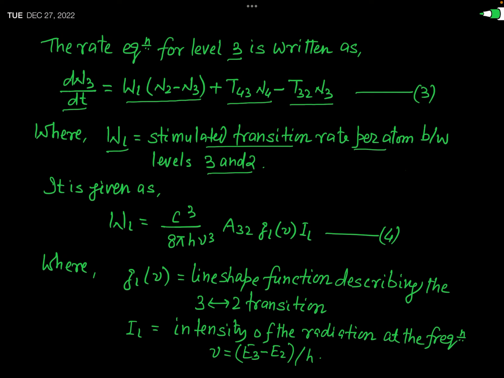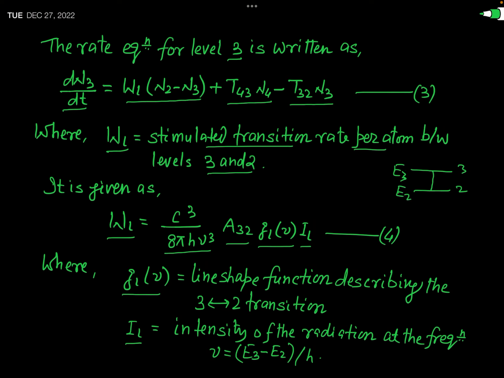And WL N3 will represent the number of atoms decreased in level 3 per unit time per unit volume. And this WL, I have defined various times. WL is defined like this: c cubed by 8 pi h nu cubed times A32 times g_L of nu times I_L. You know that this g_L of nu is the line shape function describing the transition 3 to 2, and I_L is the intensity of radiation emitted when the transition takes place from the third energy level to the second, that is from E3 to E2.